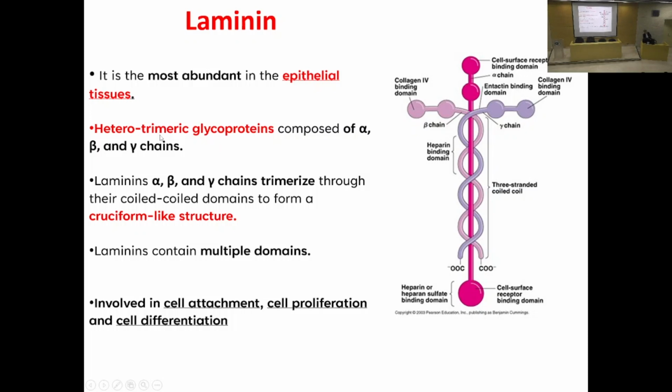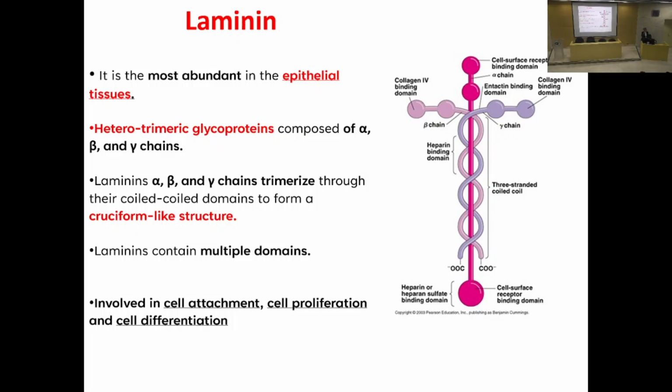And since these chains are different, alpha, beta, and gamma, they are hetero. If they were the same, for example all alpha, we would call them homo. If they were all the same chain, we would call them homotrimeric. But here they are completely different.